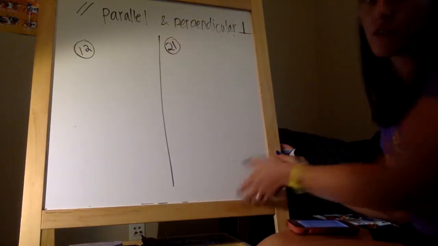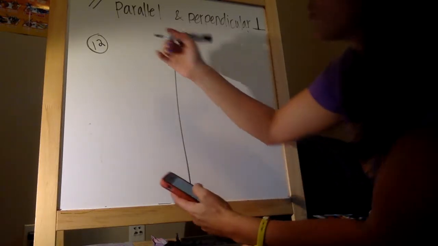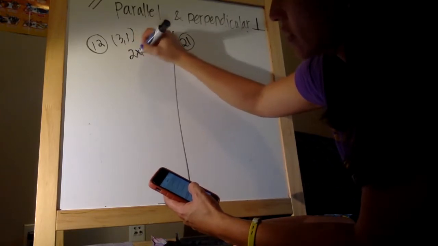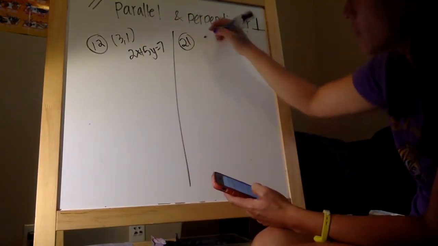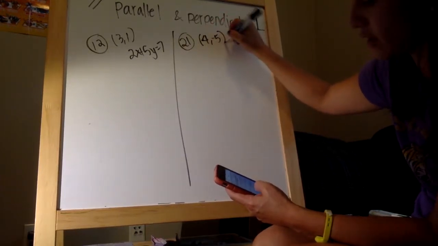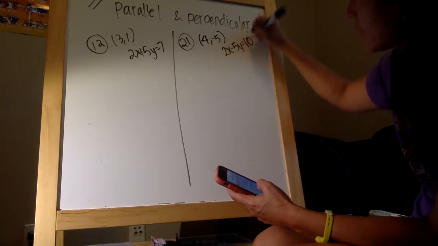So look on your worksheet and look at number 12 and 21. Number 12 says it goes through the point 3, 1, and it's 2x plus 5y equals 7. Number 21, it goes through the point 4, negative 5, and it's 2x minus 5y equals negative 10.